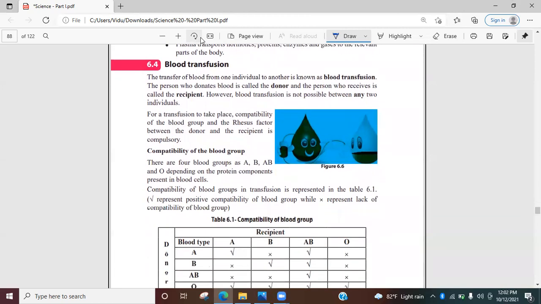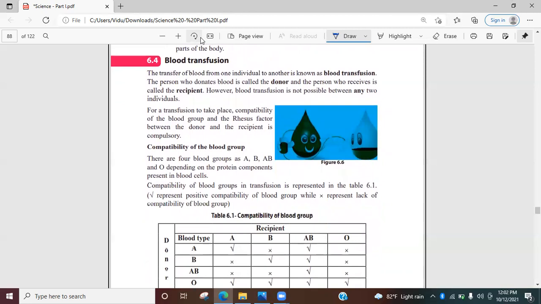Our last subtopic, blood transfusion. What is blood transfusion? The transfer of blood from one individual to another.